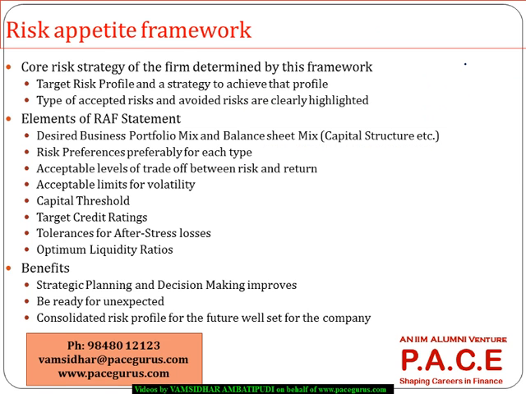So just to understand a risk appetite framework of an organization, it's a framework that decides the core risk strategy of the firm. When I say core risk strategy, it means probably what is the risk profile that the company should target, how much risk it has to accept, what risks it should avoid, what risks it should mitigate, what risks it should ensure.